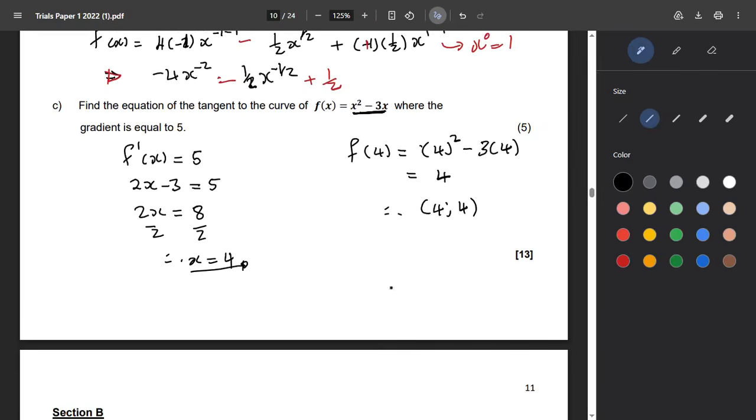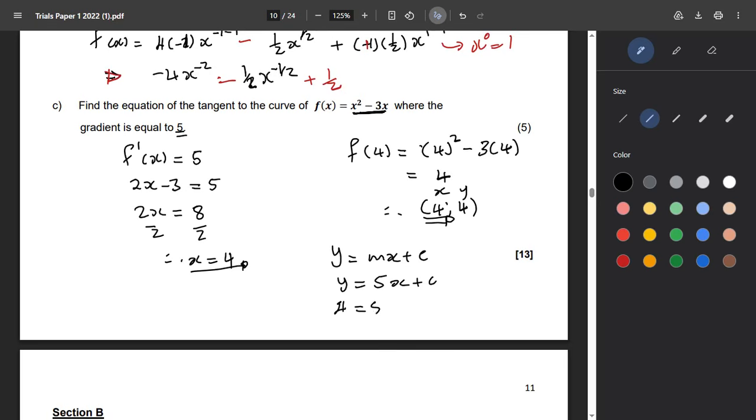Okay, so remember, the equation of the tangent is in the form of mx plus c. So if it's in the form of mx plus c, what is your gradient? It's 5. It was given as 5. So that will be 5x plus c. Then we use this point. This is your x, this is your y, to find the value of c.